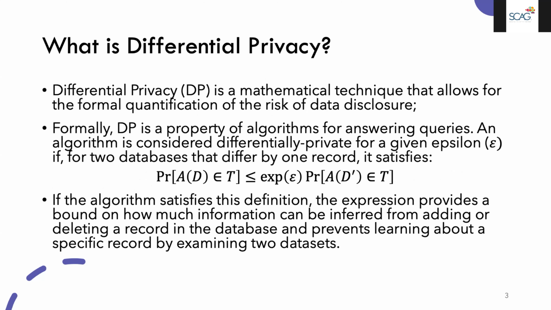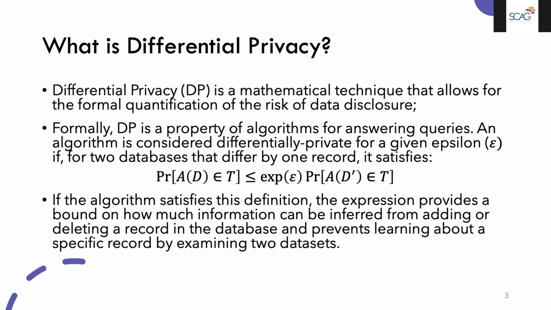Okay, so what is differential privacy? Well, the definition is that it's a mathematical technique that allows for the formal quantification of the risk of data disclosure from a data set. Specifically, it's a property of an algorithm for answering queries.